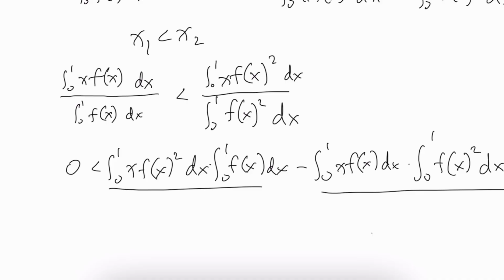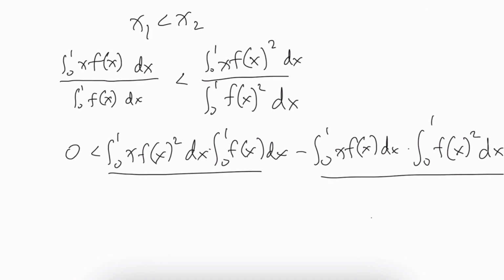I guess for the sake of rigor, there is this theorem called Fubini's theorem that allows us to combine each product of integrals into a double integral. And the condition for that is that we need the functions inside to be completely continuous on the area that we're looking at.